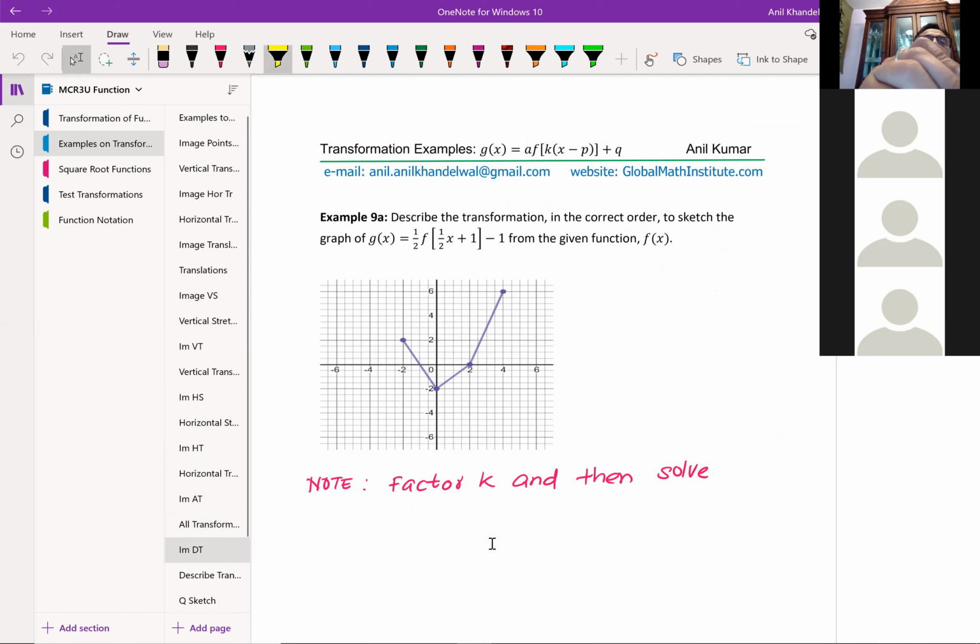Jaslyn, I would like you to answer this question. Can you please read the function which we are interested in? G of x equals 1 half of f of 1 over 2 x plus 1, minus 1. Correct. How will you write the transformation? What is your first step, please?